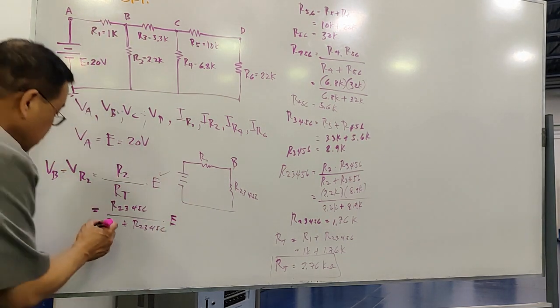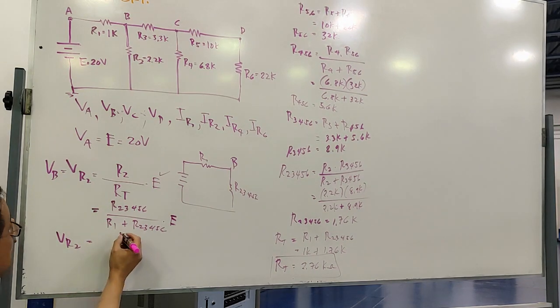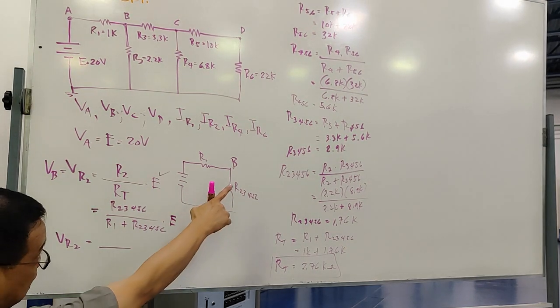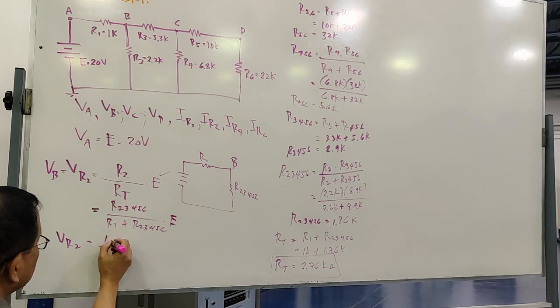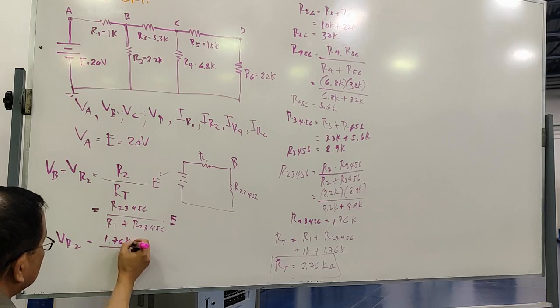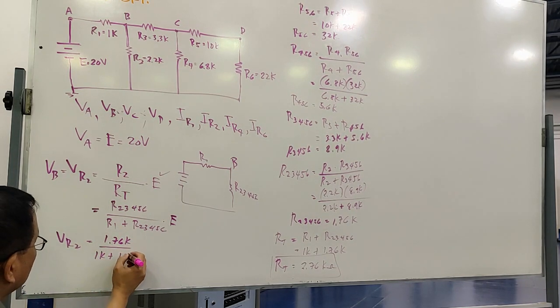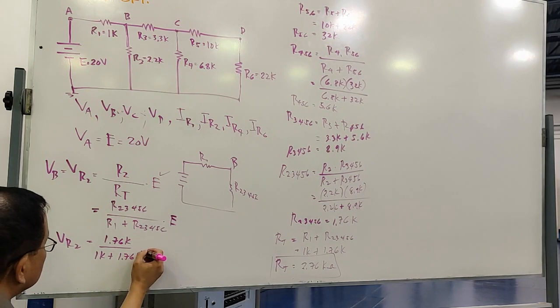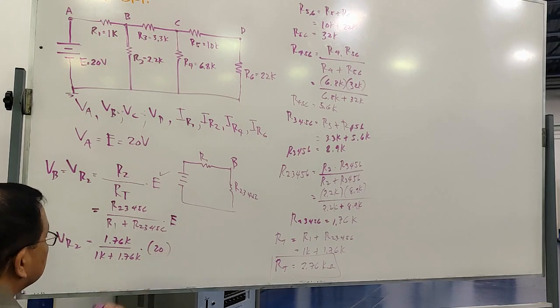So VR2 is just equal to what? Where is R2, 3, 4, 5, 6? This one. 1.76 kilo over 1 kilo plus 1.76 kilo multiplied by 20.